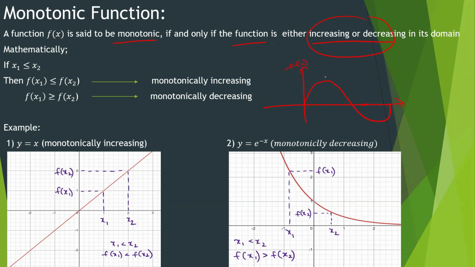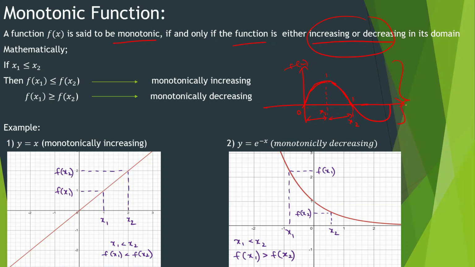If you see, this was my origin, and let's say this point is some x1 and this point is some x2. From the range 0 to x1, the function f of x is increasing, right? And after x1 to x2, the function is again decreasing, right?